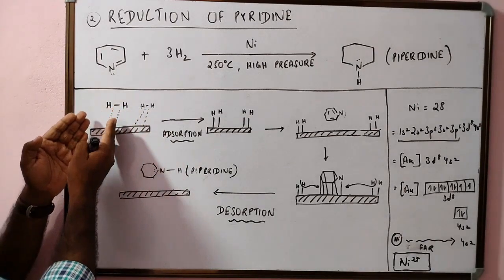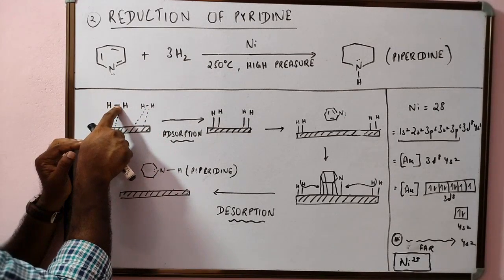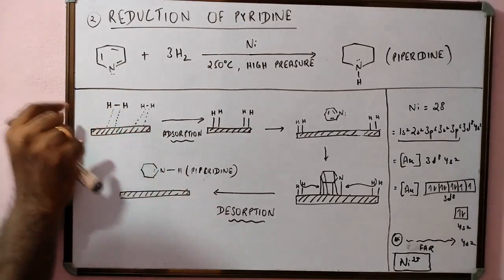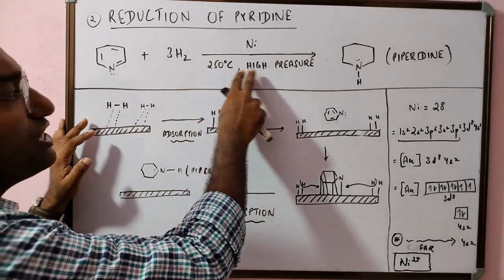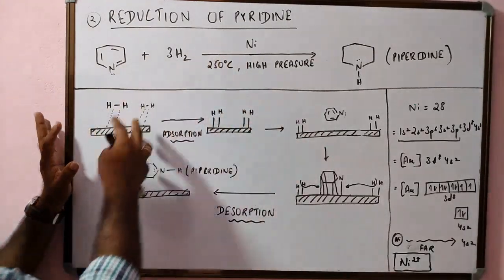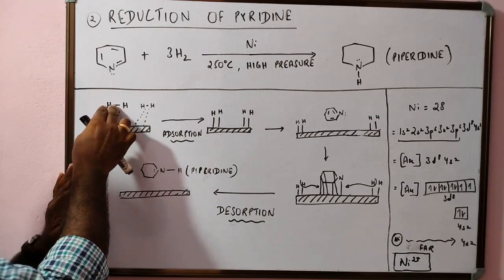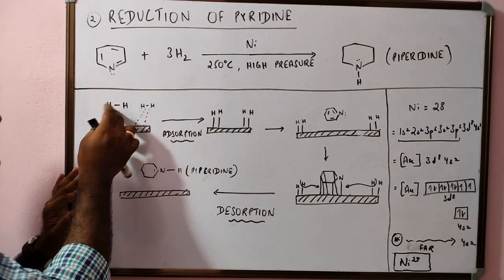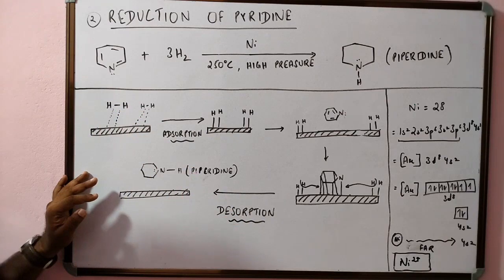This attraction of the electron pair towards the nickel weakens the sigma covalent bond between the hydrogen atoms. Further weakening is bolstered by the very high temperature and very high pressure that are used in the reaction. The net effect of these two is that ultimately the hydrogen molecule dissociates into hydrogen atoms with one electron each.